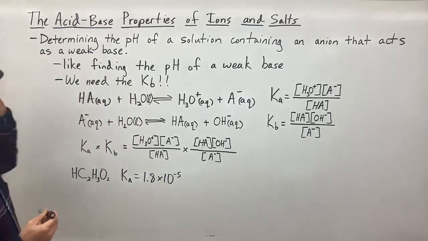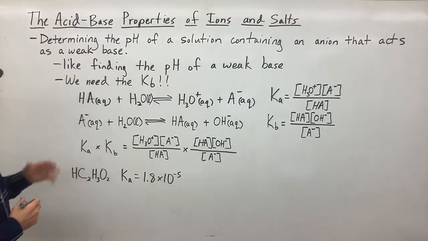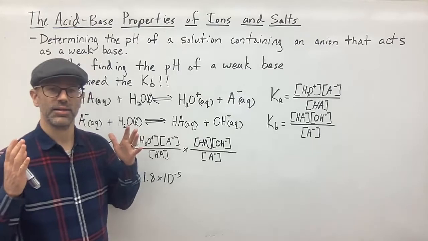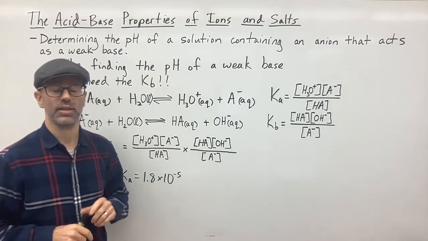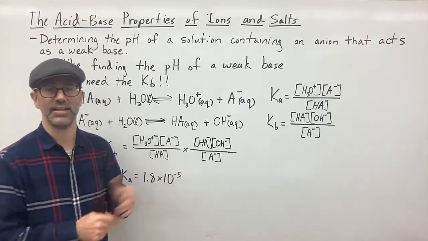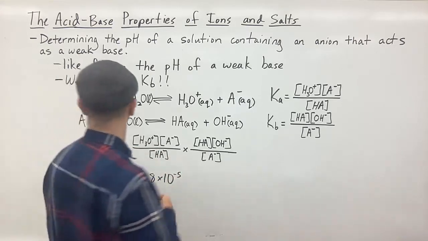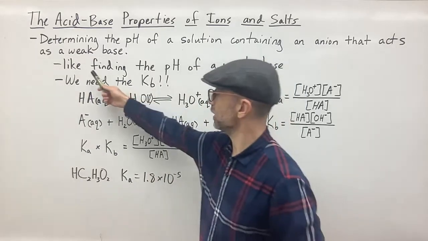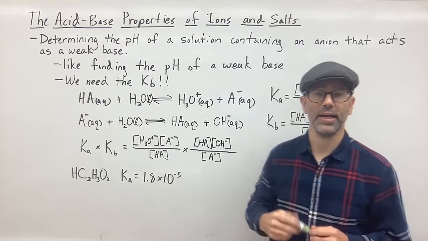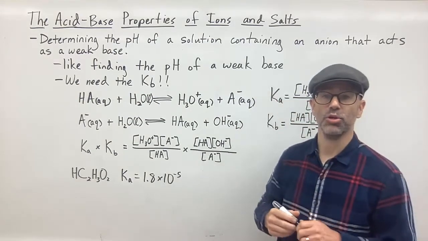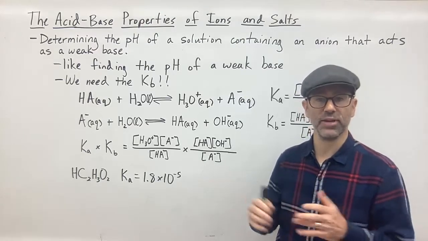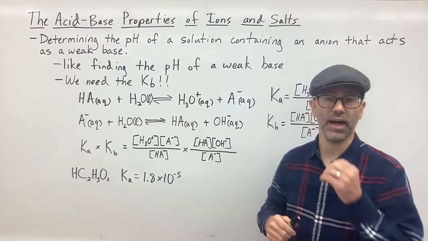So again, we're going to determine how to find the pH of a solution that has the conjugate base of a weak acid, or has an anion that acts as a weak base. So basically, it's like finding the pH of a weak base, right? So we saw before that if you have a weak base, you would then figure out the base ionization constant of that.